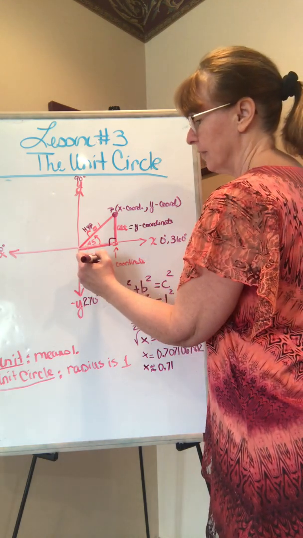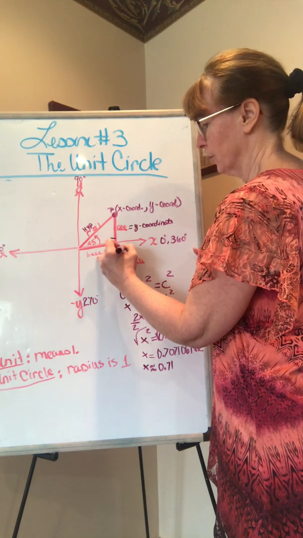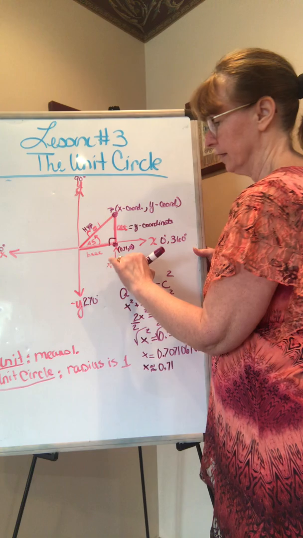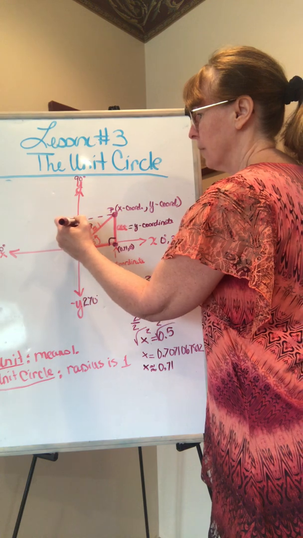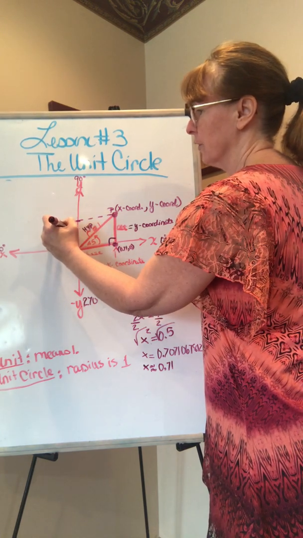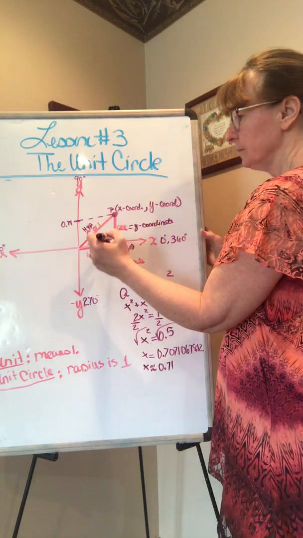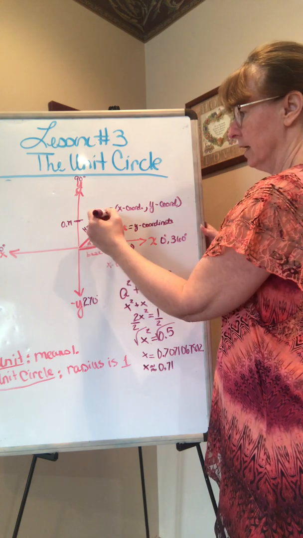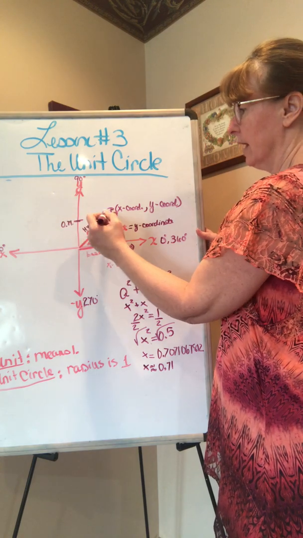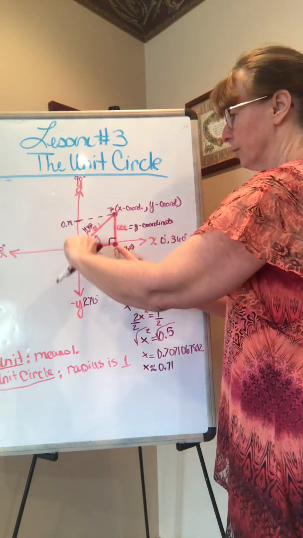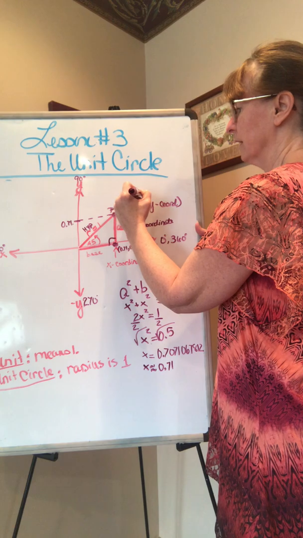So that means this base, I had to come out to this point here, which is 0.71, comma 0 for y. And then I had to go up. How high did I go up on the axis? I went up to 0.71. This y coordinate would be, if I plotted the point, 0.71. Now this point P, if I took both of these together, this point P is 0.71, comma 0.71.